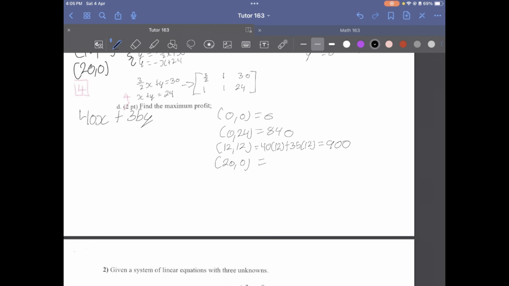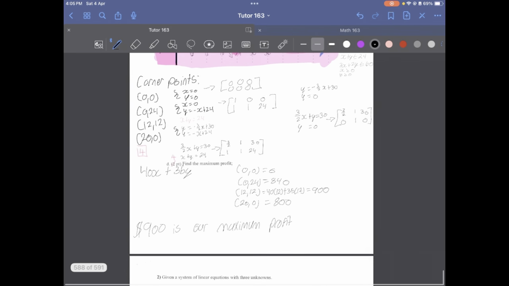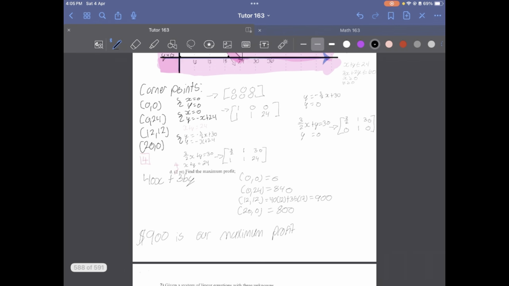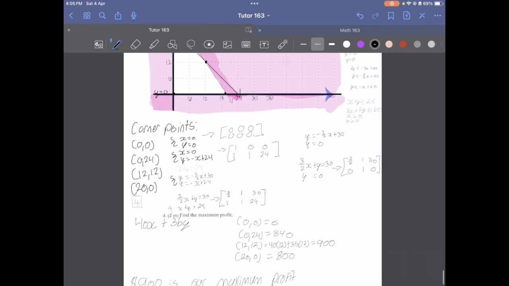So 35 times 0 is just 0. So it's just 40 times 20 is 800. Okay. So our maximum profit will be 900. It's a lot, but hopefully we understand what's happening.